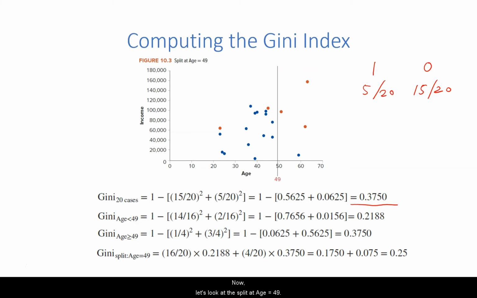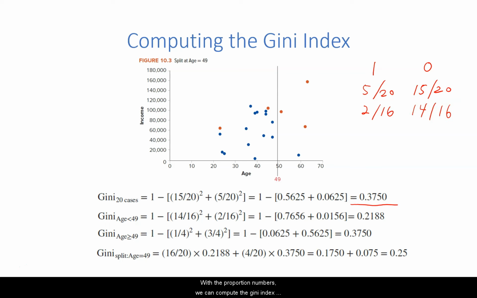Now let's look at the split at age equal to 49. The split will create 2 partitions in the data as shown in our diagram. On the left side, where all customers are less than 49 years old, there are 16 total cases, 2 of which are class 1 cases, so the proportion of class 1 cases in this partition is 2 out of 16, and the proportion of class 0 cases in this partition is 14 out of 16.